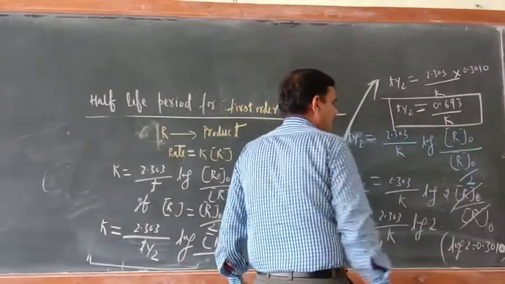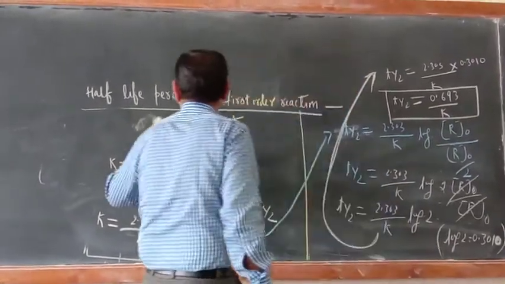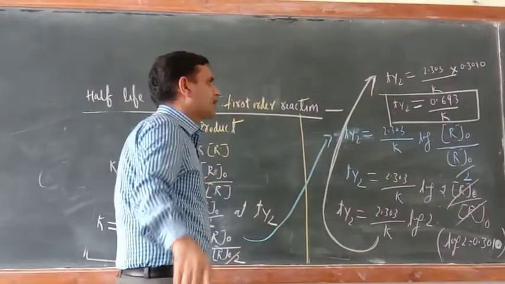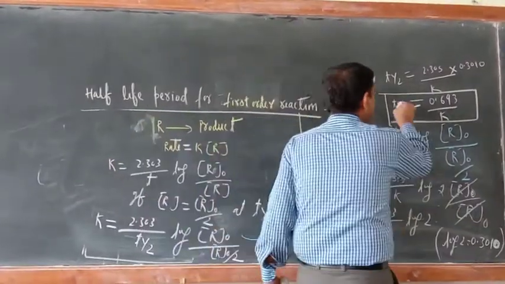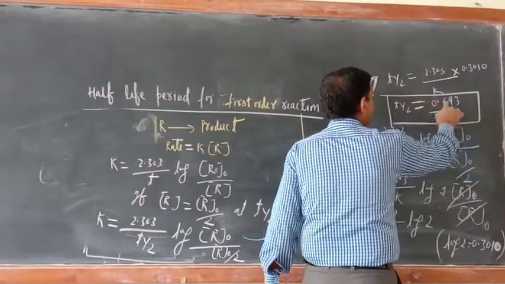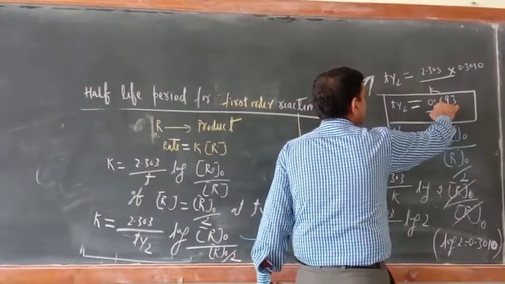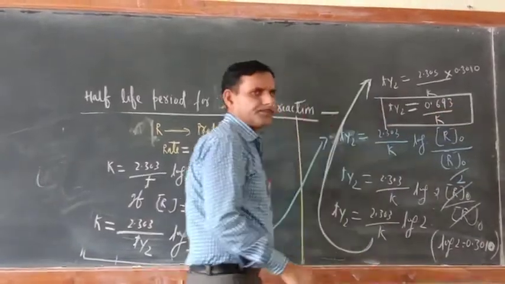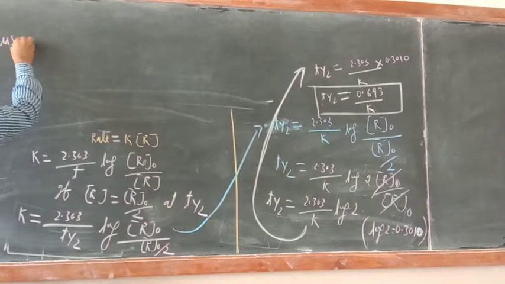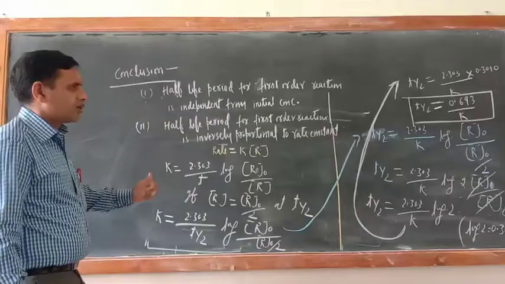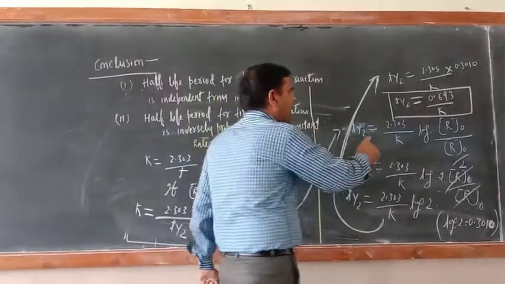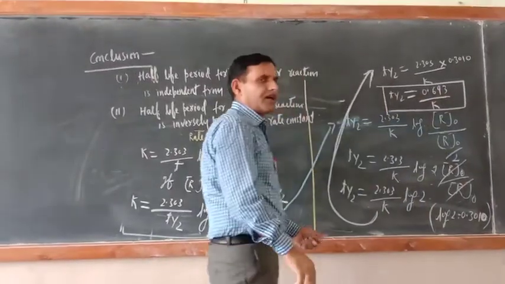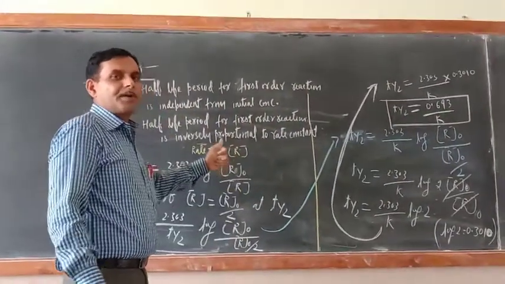And now one important fact regarding the half-life period for first order reaction is that the initial concentration term is not involved here. Only k is there and 0.693. So dear cadets, this t half equal to 0.693 divided by k is our half-life period for first order reaction.